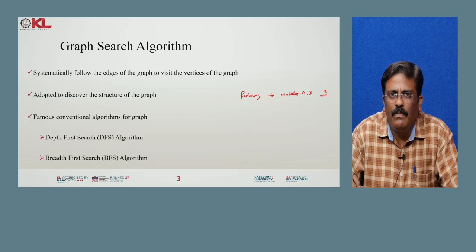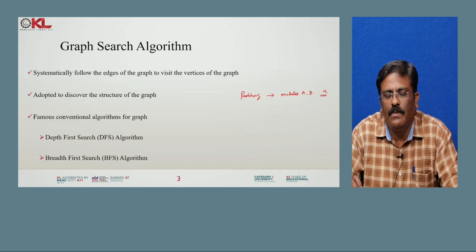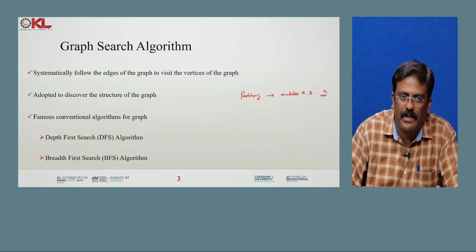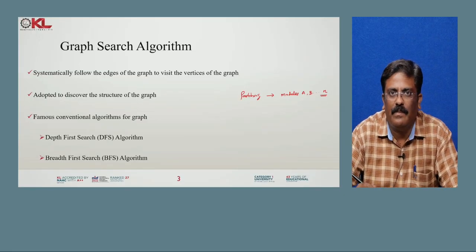While we proceed further in the VLSI physical design flow, we want to make sure whether all the partition blocks, or all the segregated portions of the circuit, are available or not. We can confirm that by means of these search algorithms.